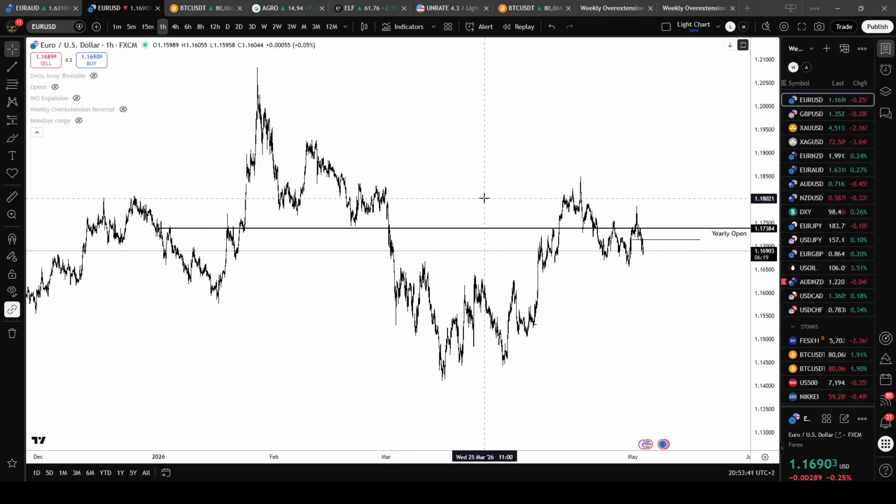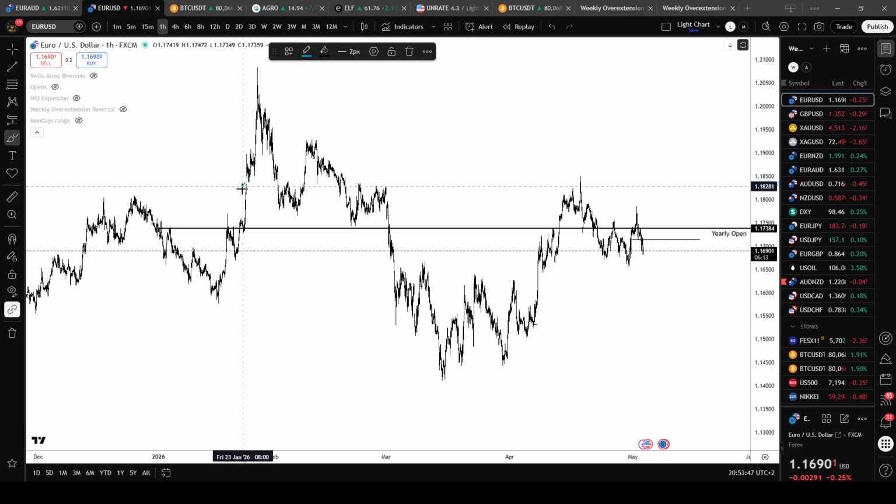And when a fast move happens, such as this one here, or maybe this sell-off here, you know that price is very likely to revisit those areas because we are not trading in a trending environment. We are trading in a range-bound environment.